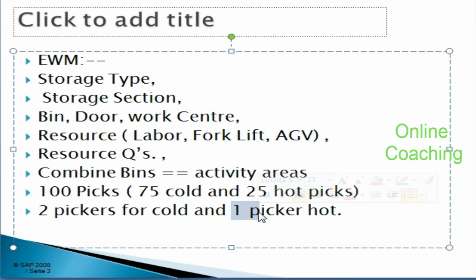Srini, I have one question, which was a problem in my warehouse that I implemented. The 75 cold picks will be allocated to two pickers, and if both the guns are ready, it will be picking for the queue named cold pick. Yeah, exactly. And that will be assigned to those two pickers.